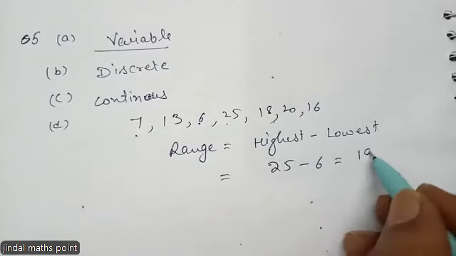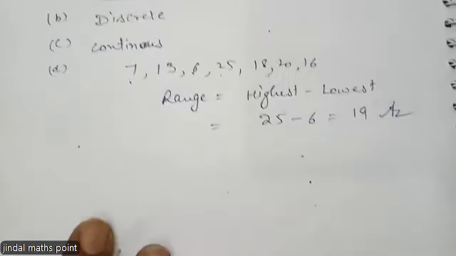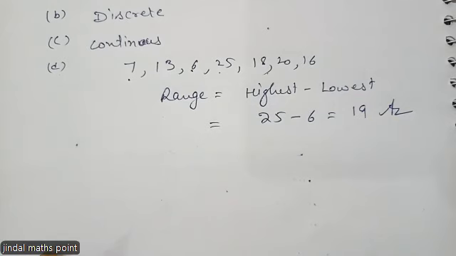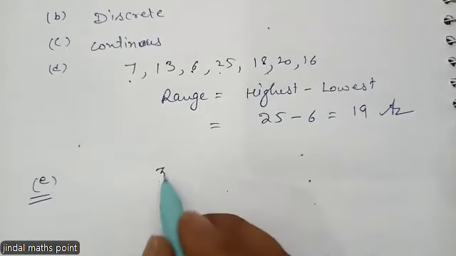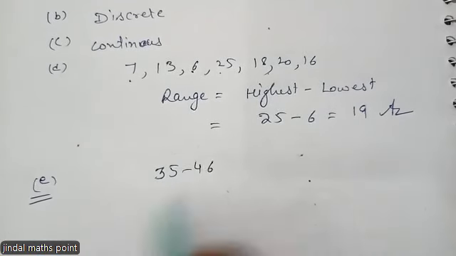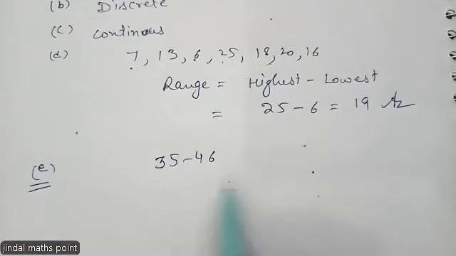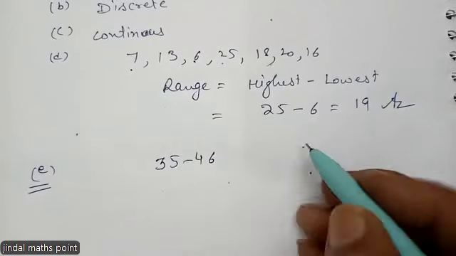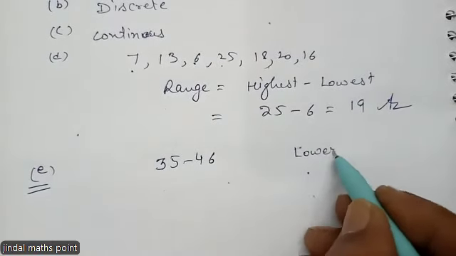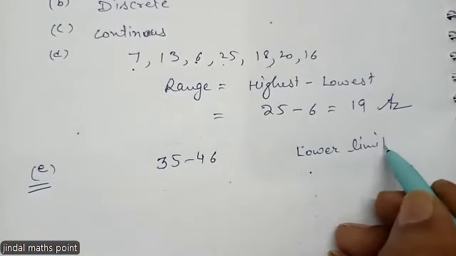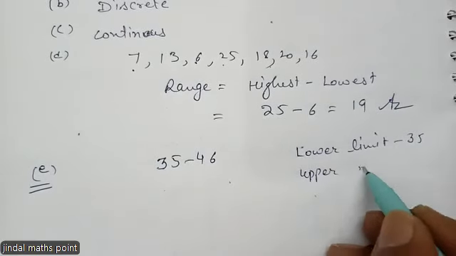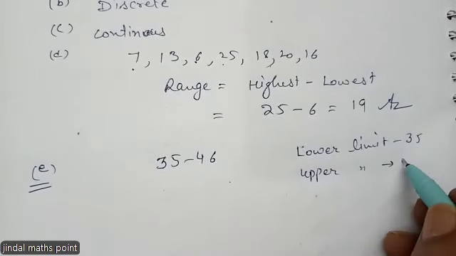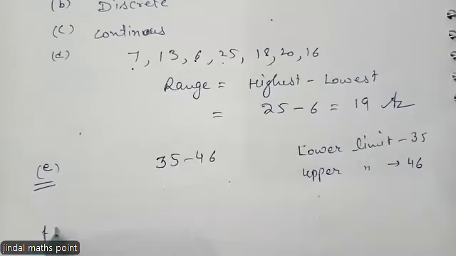We get 19 as the answer. E part. In a class interval 35 to 46, the lower limit is dash. Which one is the lower limit? 35. And upper limit? 46. That is the answer.